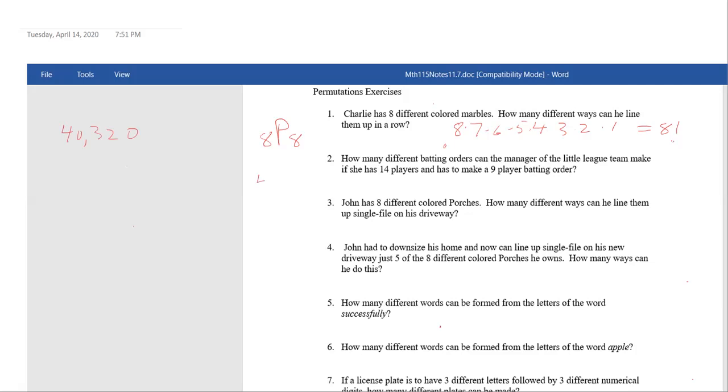You've got 14 with 9. Okay, and that one turns out to be, of course, you have your 14 factorial over 14 minus 9 factorial. So that's 14 factorial over 5 factorial.